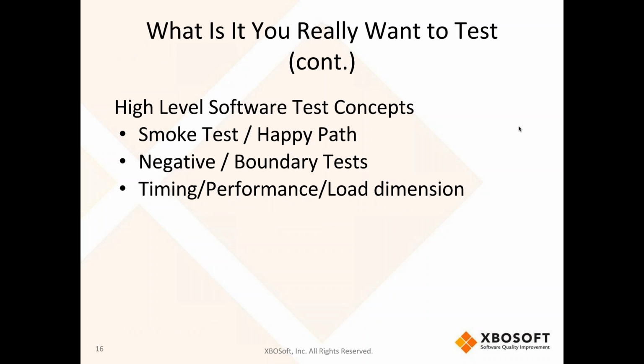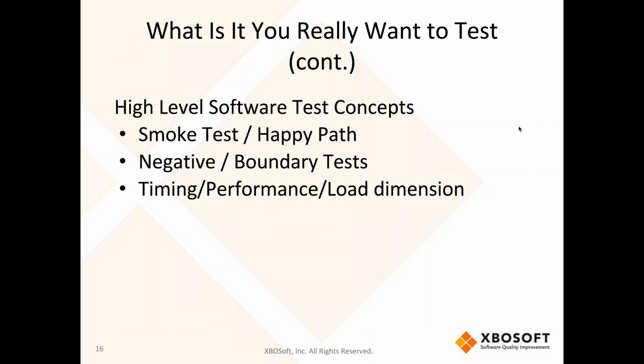So what we have is these high-level software test concepts. And these are just generic high-level concepts like smoke testing, happy path testing, which is just like simple functional tests.